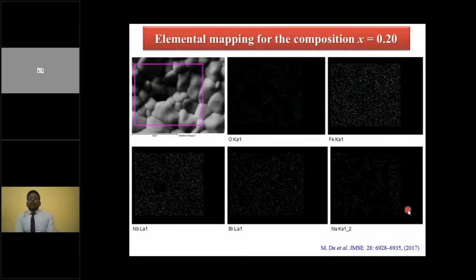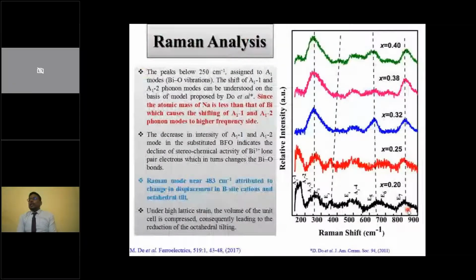Now coming to the Raman analysis, how can we understand it? Let us think like this. If one student enters a room and the room is completely empty, then that student can travel in any direction from one corner to any other corner in any fashion. Let us take a second situation.